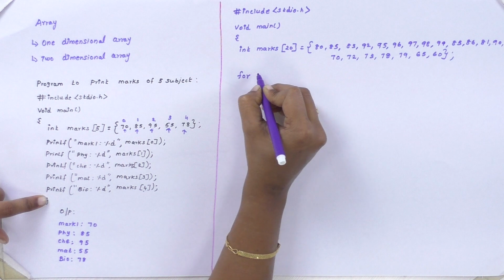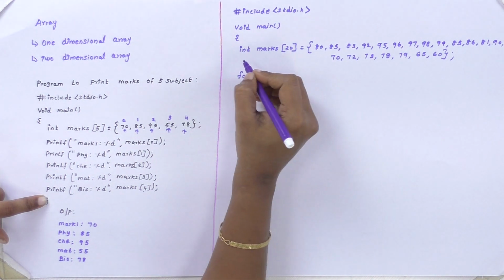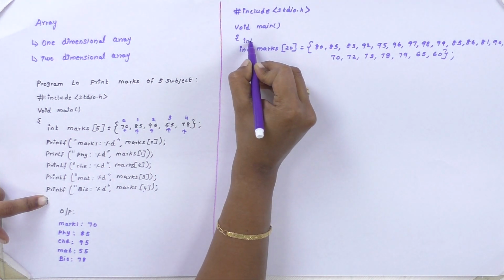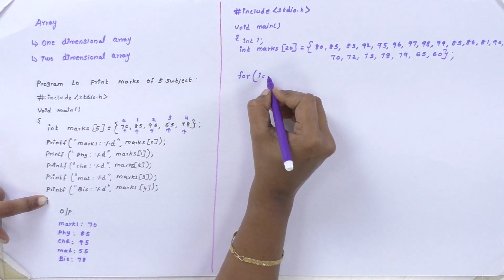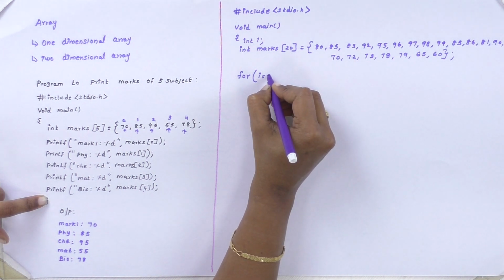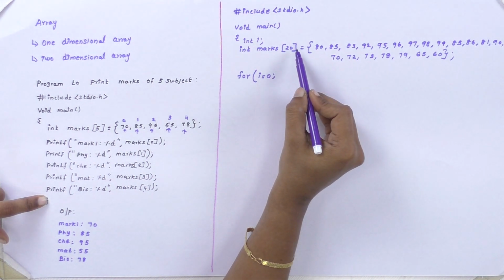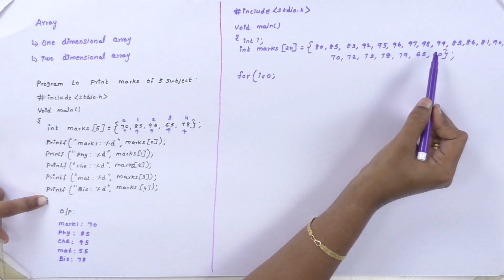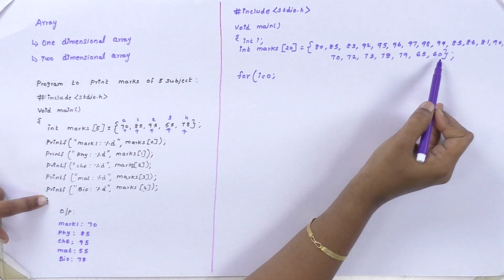So by using for, before that declare int i. I equal to 0. So how many values do I need to display? Here I am having 20 values.